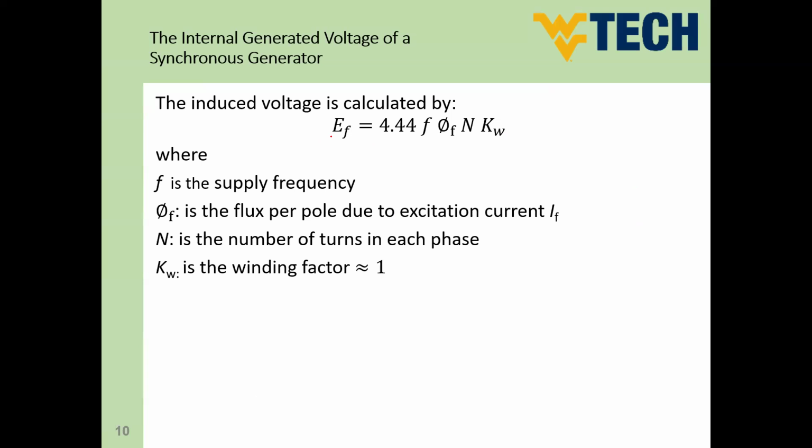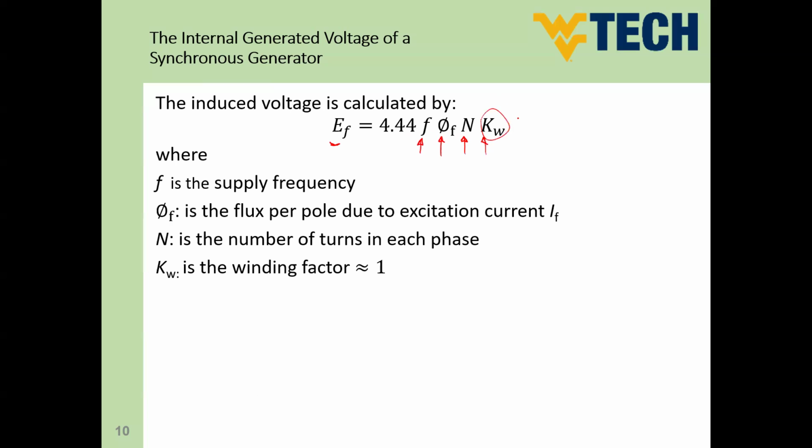But the AC excitation has a long derivation. The long derivation leads to this relation here, which is, in case of AC excitation, the induced volt equals 4.44 times frequency of the supply times flux, the generated field, times N, which is number of turns of coil, number of turns per phase, times another factor called winding factor.